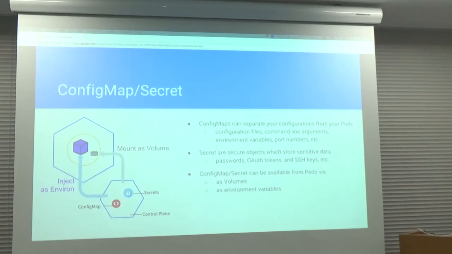ConfigMaps can separate your configurations from your pod definitions, for example, configuration files, command line arguments, environment variables, port numbers, etc. And Secrets, namely secret objects, store sensitive data: passwords, OAuth tokens, SSH keys, etc. And these are injectable to pods as volumes. In this case, the pod can have files in a directory, and these can also be injected into pods as environment variables.